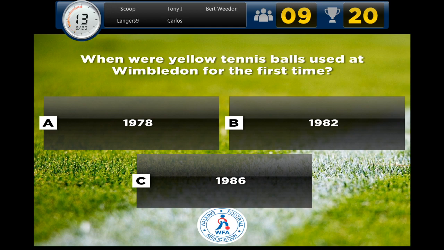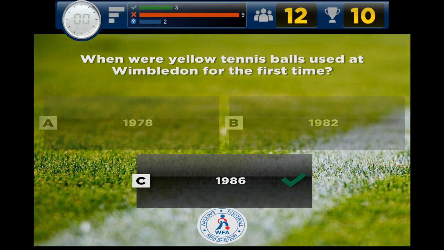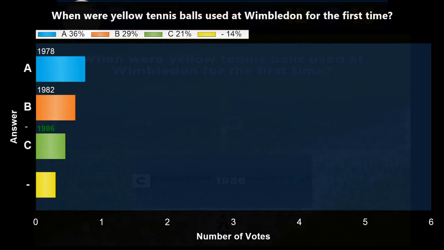So we're looking for the year when yellow tennis balls were used at Wimbledon for the first time. Time running out to answer. 78, 82 or 86. And the answer 1986.